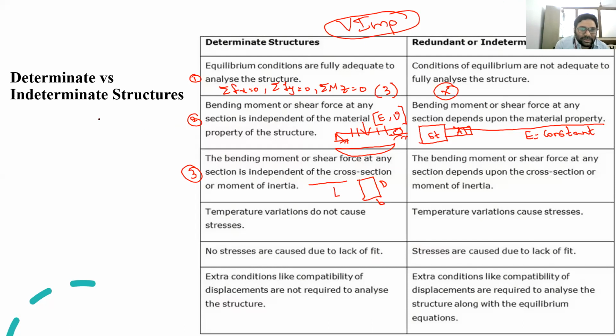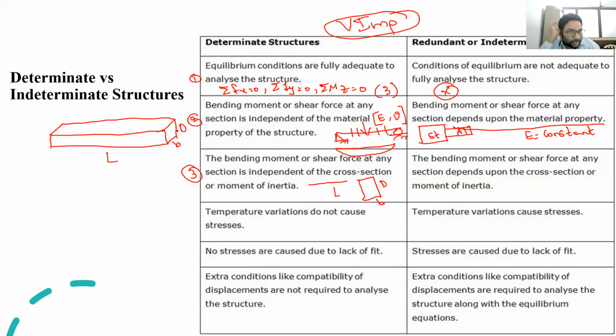If you want to sketch it in 3D, you can see this is the length, this is the width, and this is the depth: L, B, D. If you are trying to analyze a determinate structure, it doesn't much vary with respect to the moment of inertia or the cross section. But if it is an indeterminate structure, then it depends on both these parameters. That is a very important point.